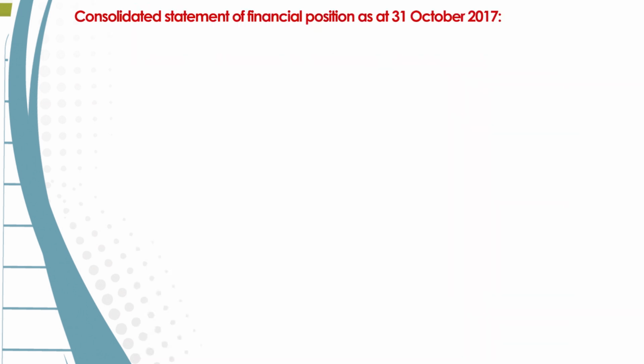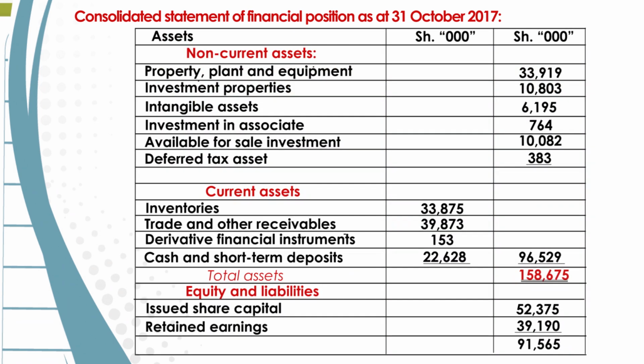Then we have the consolidated statement of financial position as at 31st of October 2017, where we have non-current assets which comprise PPE, investment property, intangible asset, investment in associate, available for sale investment, deferred tax asset, and then we have current assets which comprise inventories, trade and other receivables, derivative financial instruments, cash and cash deposits, and then under equity we have issued share capital, retained earnings.